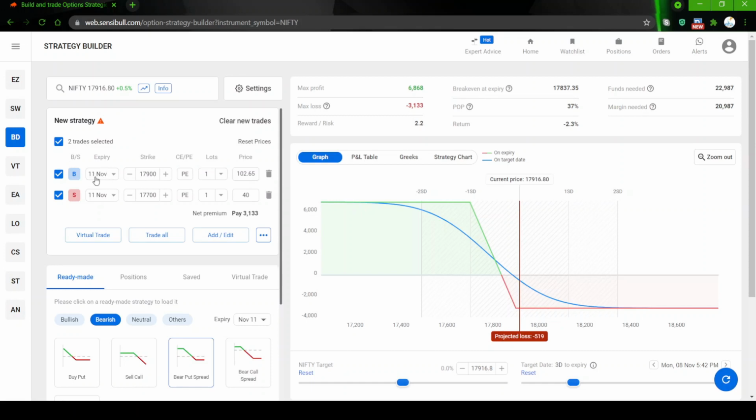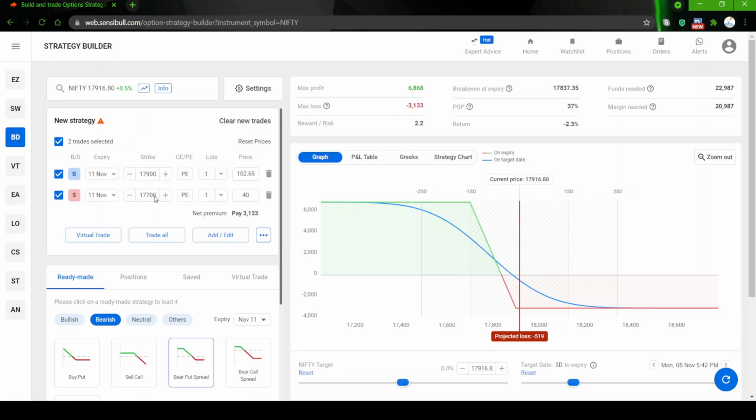The next expiry is 17th November. So 17,900 put option buying for 102 rupees and selling a lower put option, 17,700, which means the strike is lower. This is an at the money put, this is an out of the money put.